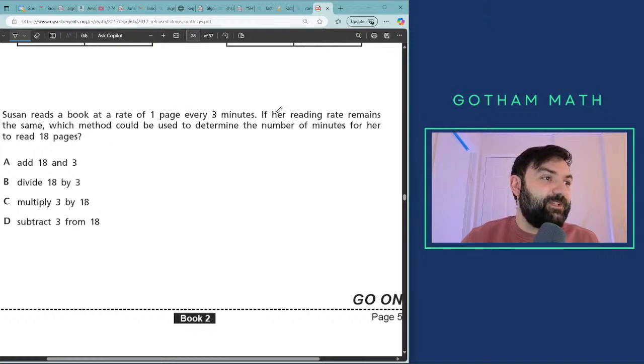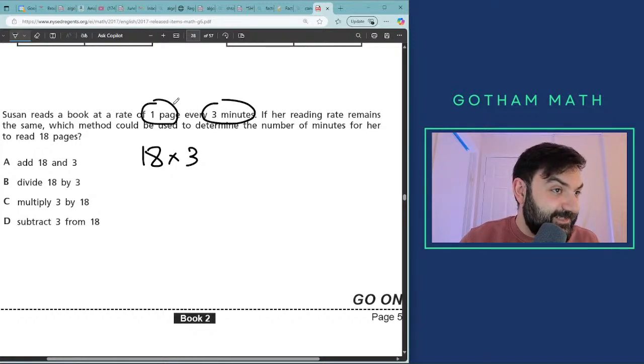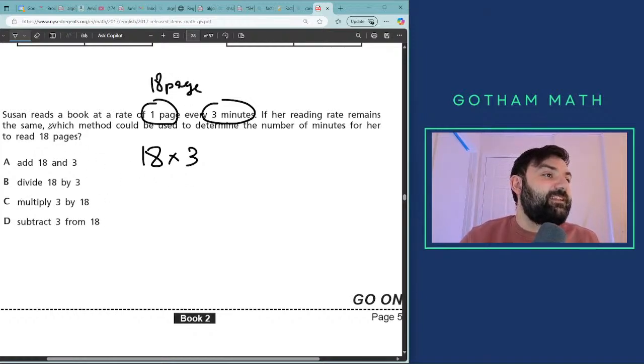1 page in 3 minutes, so 18 pages would be, whoa, times 3, no? 1 page, 3 minutes, 18 pages. You chose B, right? Which is divide. No, this would be right if they would ask you how many pages she can read in 18 minutes.